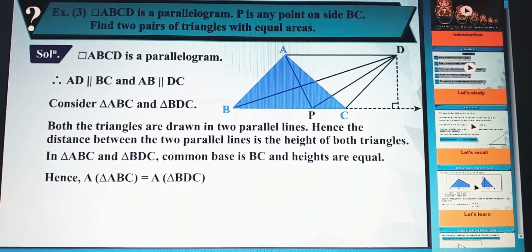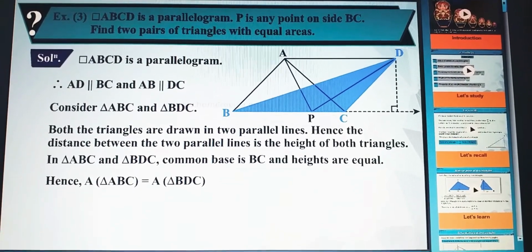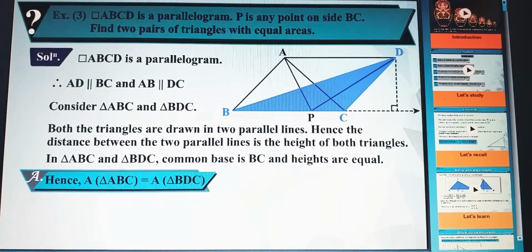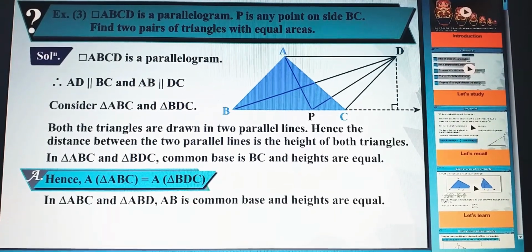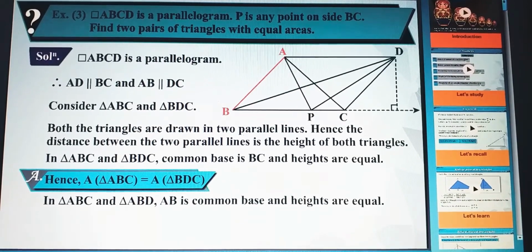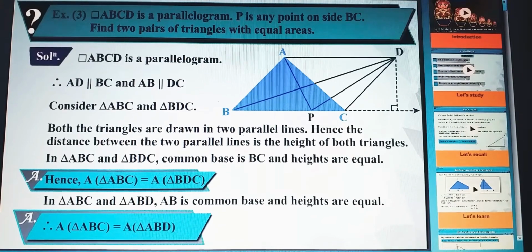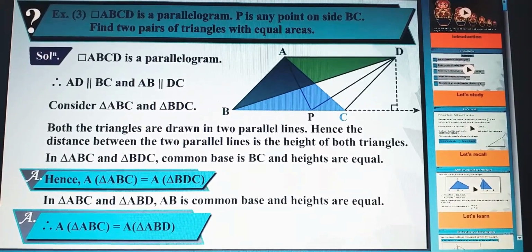Hence, area of triangle ABC is equal to area of triangle BDC. In triangle ABC and triangle ABD, AB is common base and heights are equal. Area of triangle ABC is equal to area of triangle ABD.